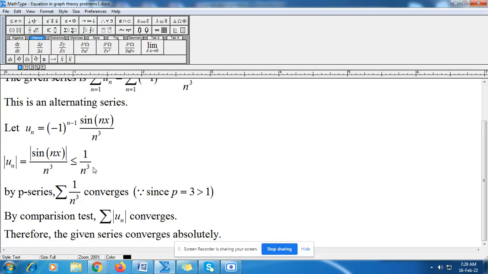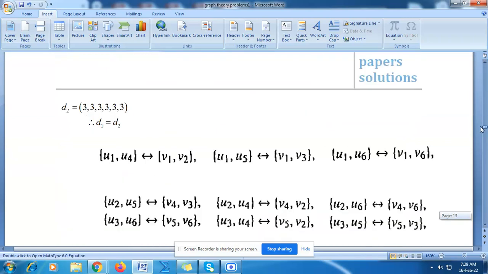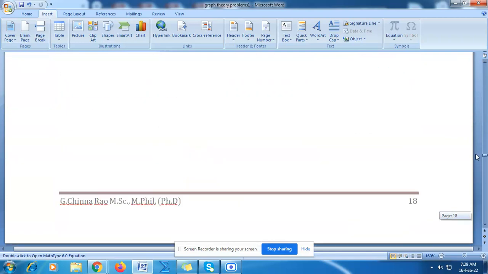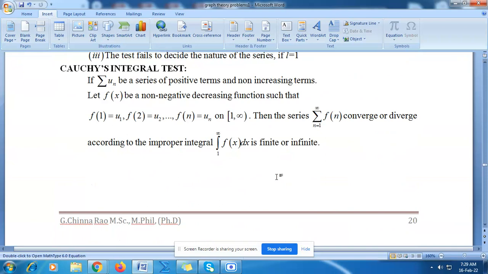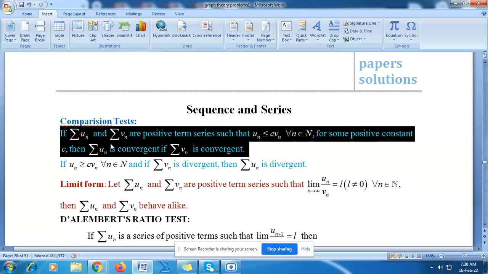You check the comparison test. Yes, this is the property: sigma un and sigma vn are positive term series such that un is less than or equal to c into vn for all n belongs to N for some positive constant c, then sigma un is convergent if sigma vn is convergent.